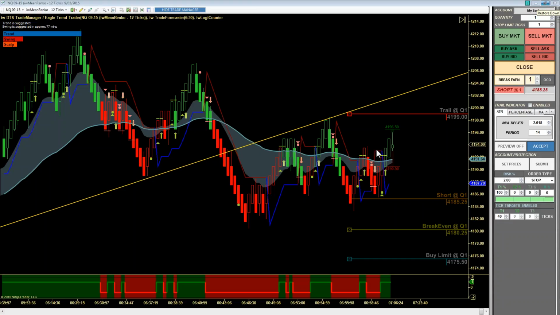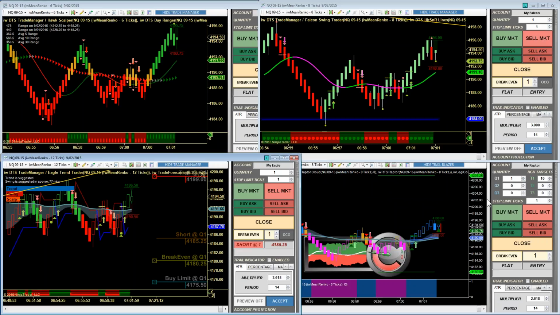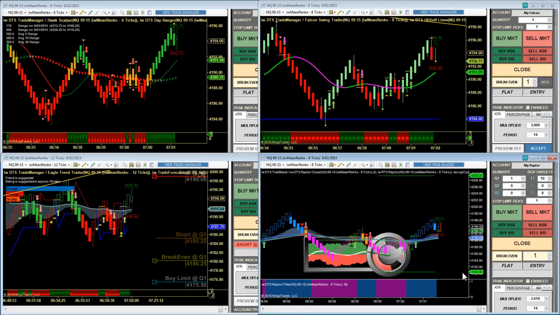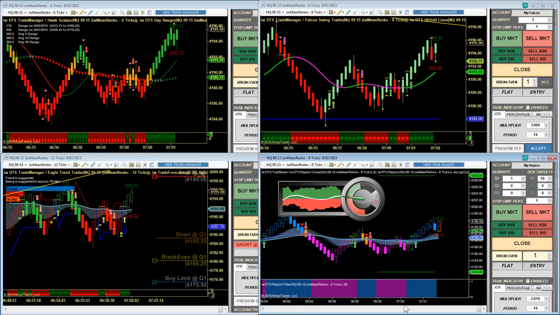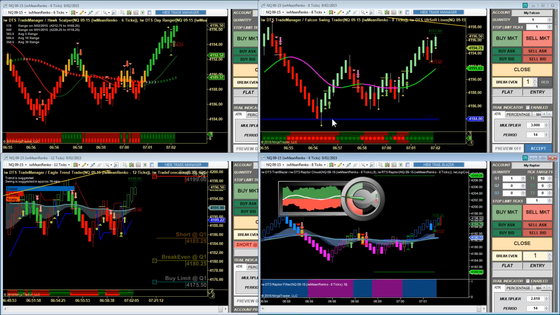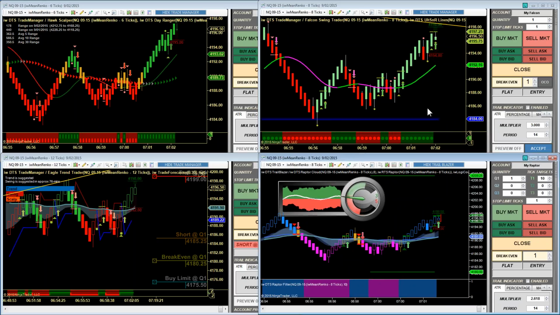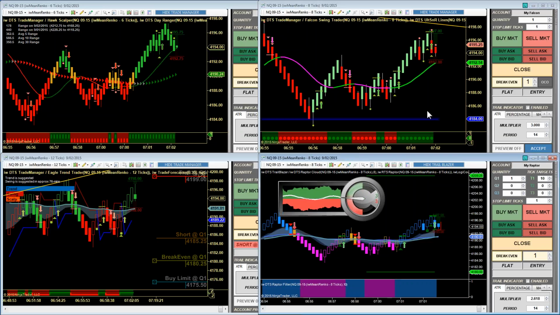Come on, come on. Let's see what's going on in the other tools here. Yeah, we're kind of right in the middle of our daily range. Took a little bit of a hop there off of the primary. Oh yeah, here they go.